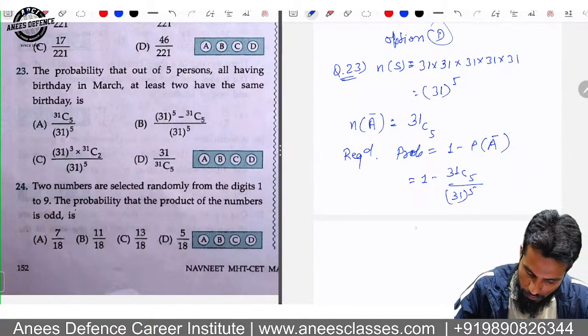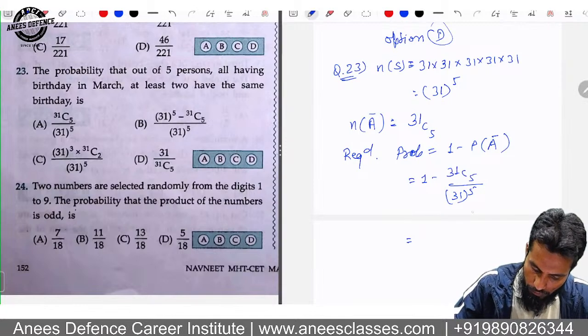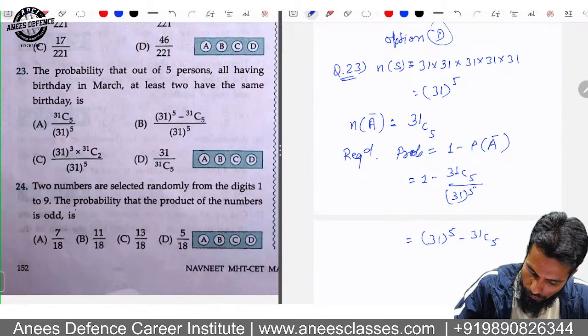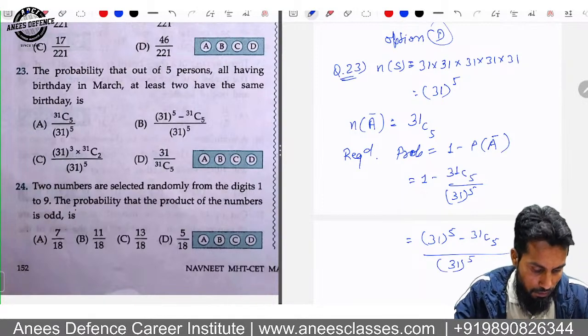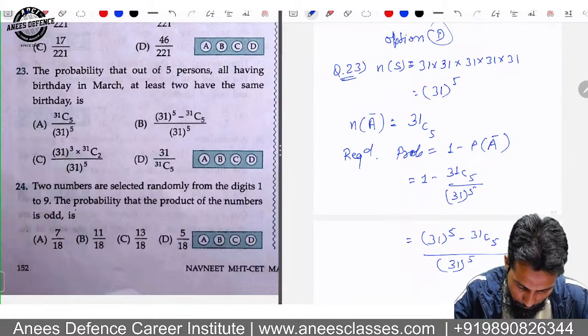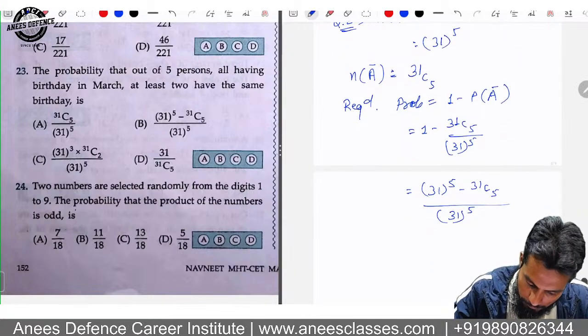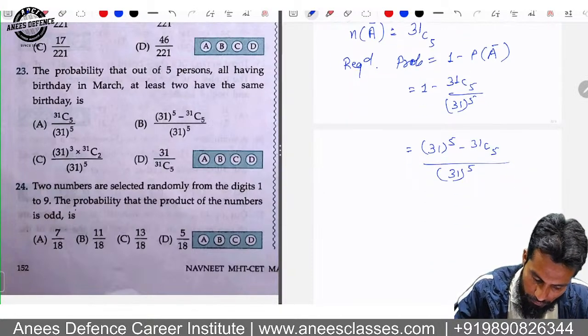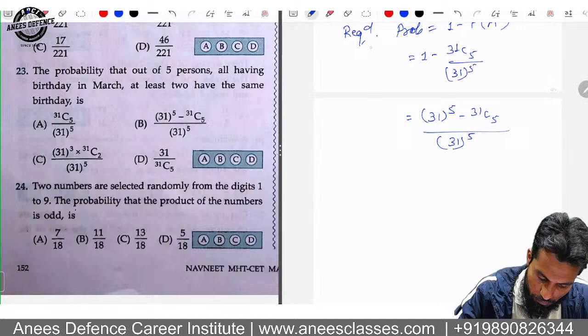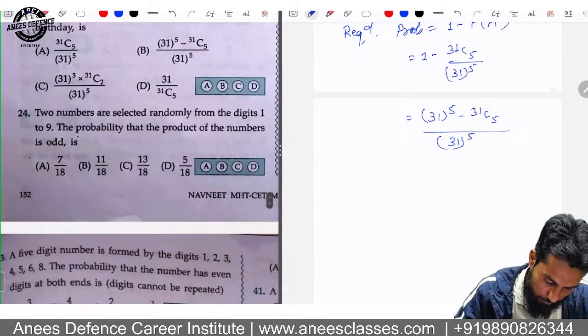This will be your answer. How will you solve it? Just cross multiply, because such a big number is not easy to solve. Like this you can tick option number B. Got it? You can discuss if you have something to discuss here. This was question number 23.